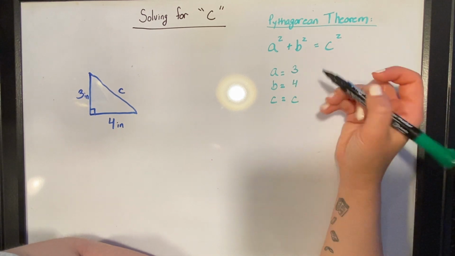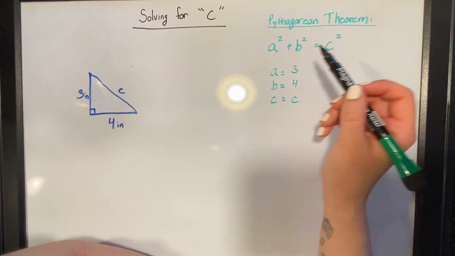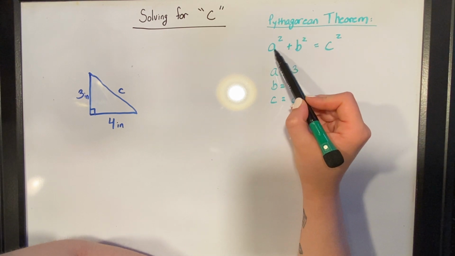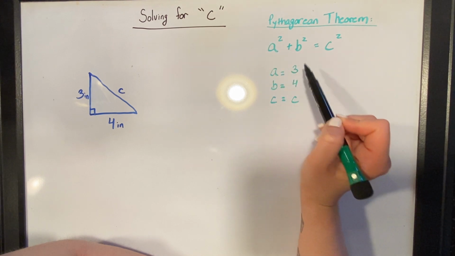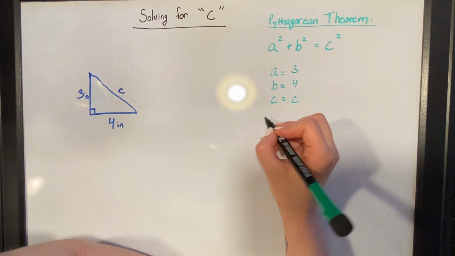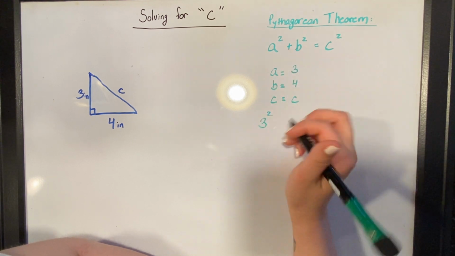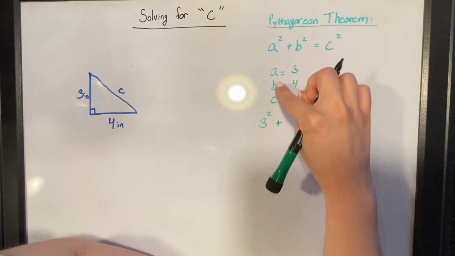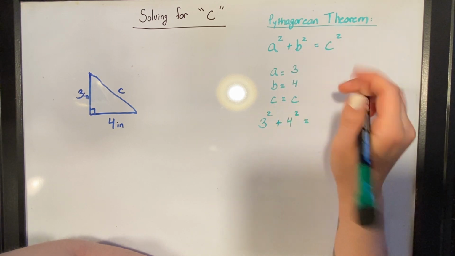So now, once we have all of our numbers and letters, we're going to plug them into our equation. It's A squared plus B squared equals C squared. So let's put A in, let's put B in, and then C. A is 3, so this would be 3 squared plus, and then we have B. B is 4, so this would be 4 squared equals, and then C we don't know.